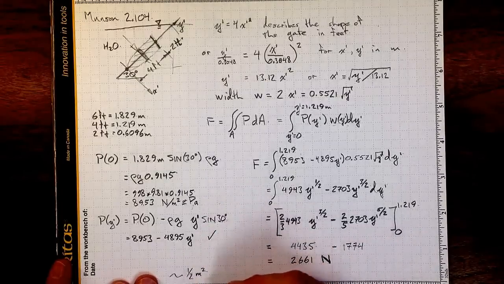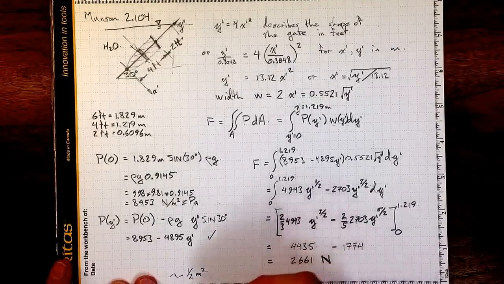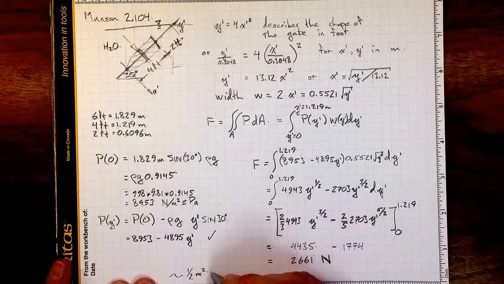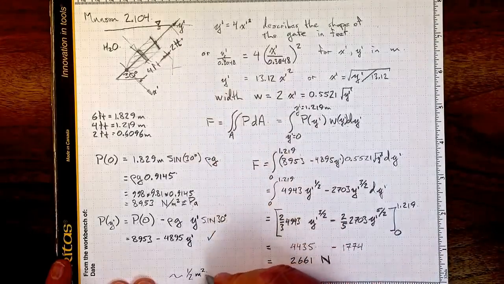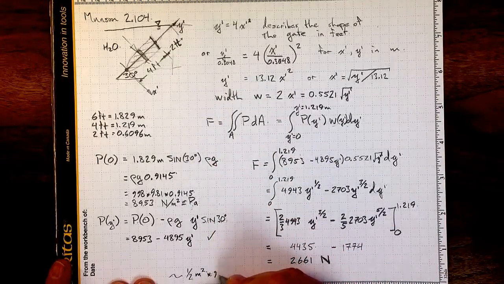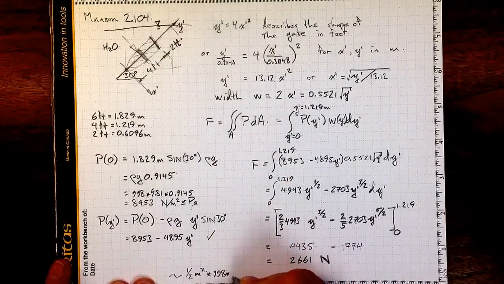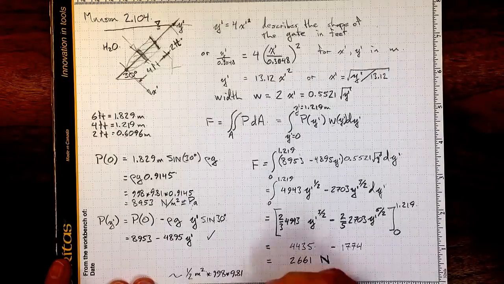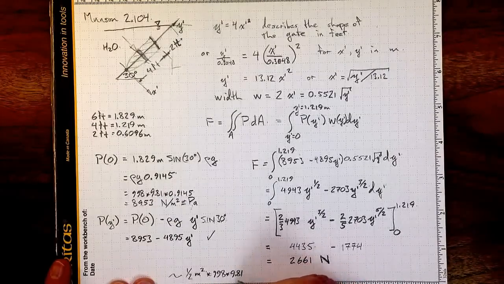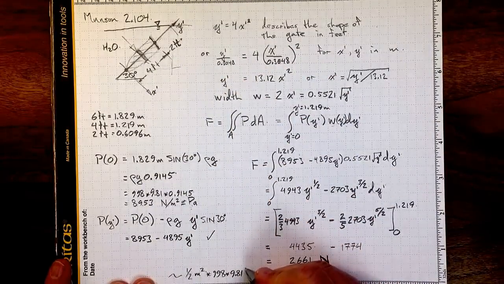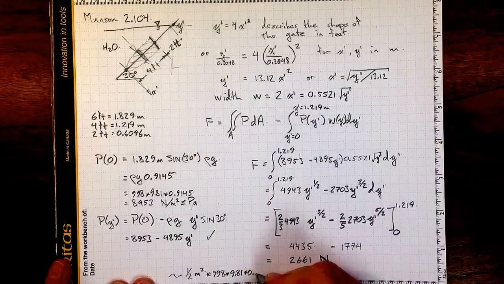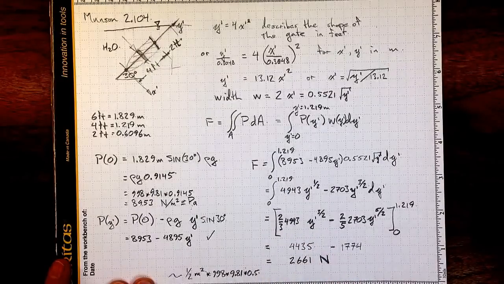So the force would be the pressure times the area, so rho g h would be 998 times 9.81, and we said that it was about half a meter underwater. And what do I get there? 998 times 9.81 times 0.5 times 0.5.